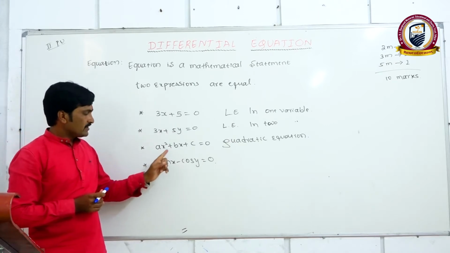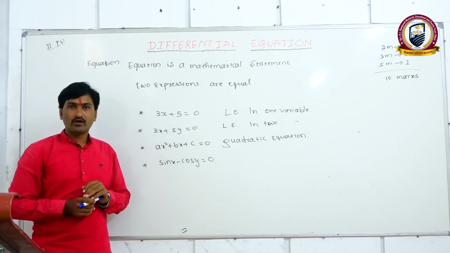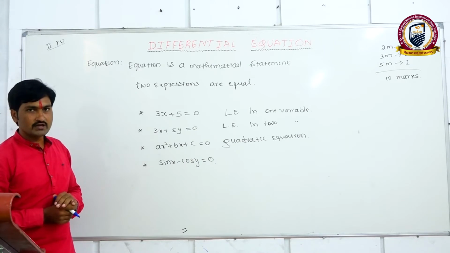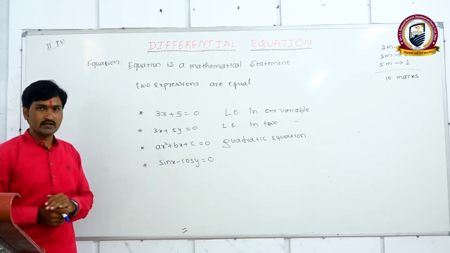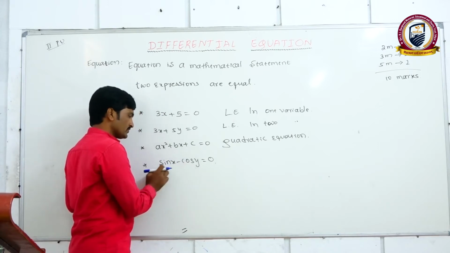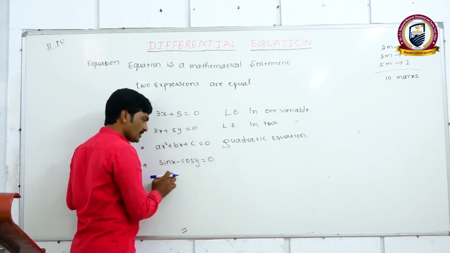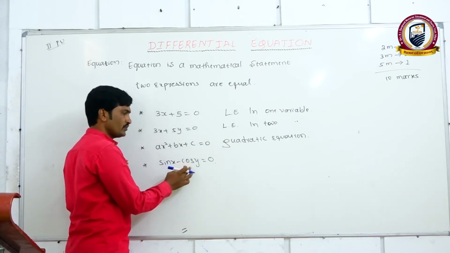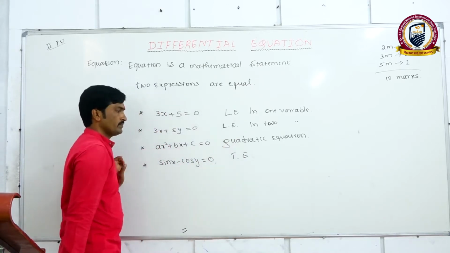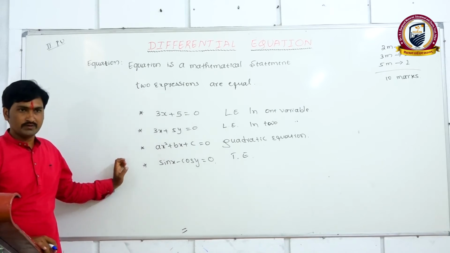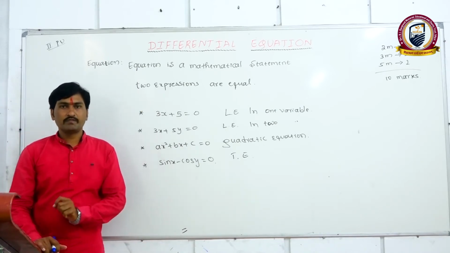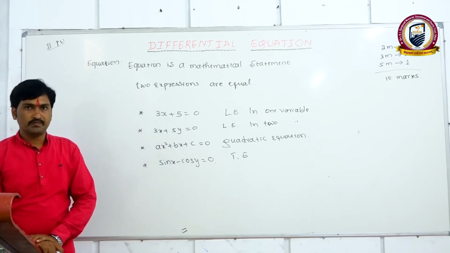Sin, cos, tan are trigonometric functions. So this equation has trigonometric functions. Therefore, this equation is a trigonometric equation. So these are some different types of equations.